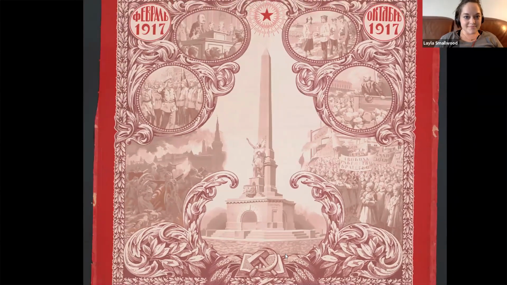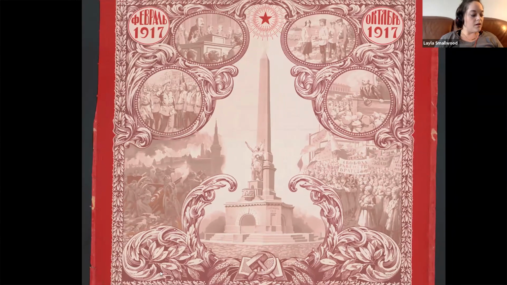Okay, all right. So the Russian Revolution that we think of when we talk about the Russian Revolution and the rise of the Bolsheviks, sometimes called the Bolshevik Revolution, is the October 1917 date.